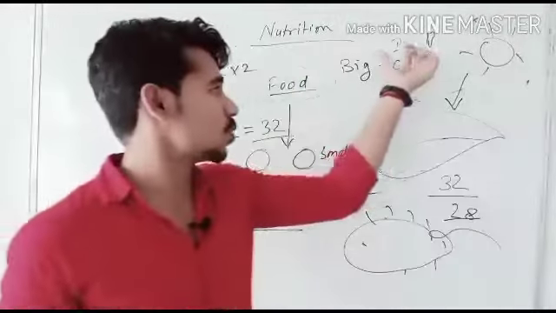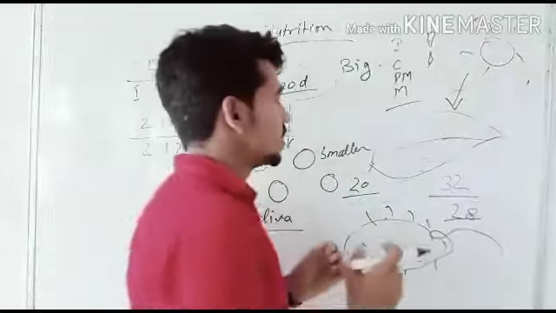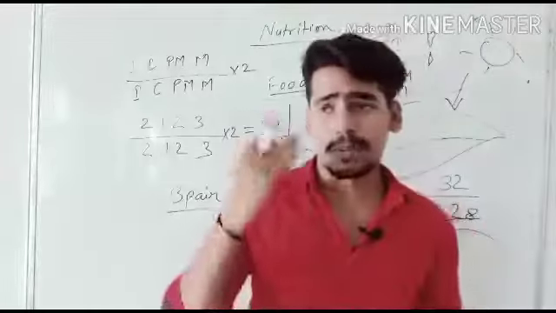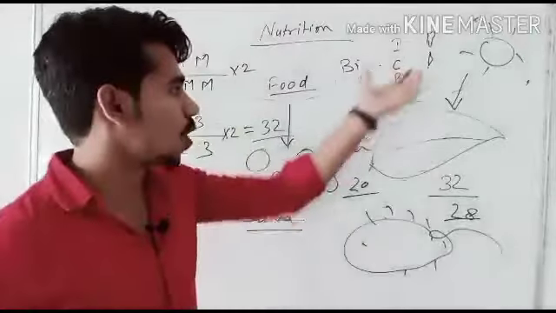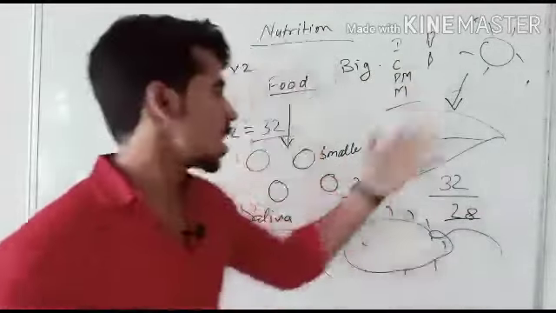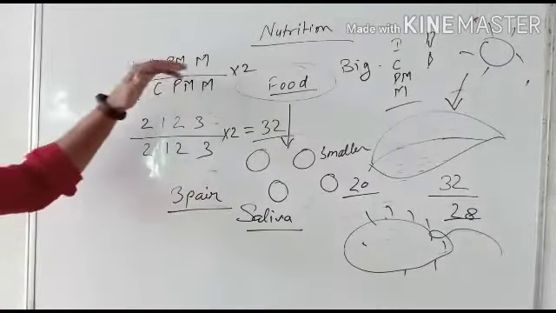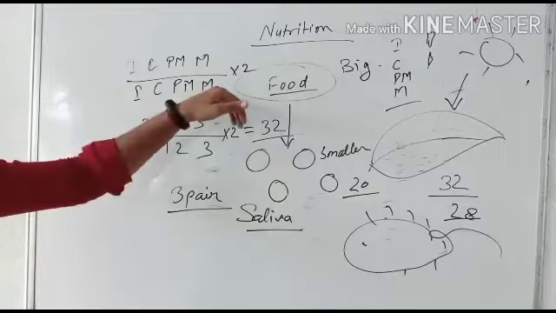What are teeth? Teeth are those parts from which we start digestion. We start breaking down the food particles into smaller ones. Incisor, canine, premolar, and molar are the types of teeth. There are 4 types of teeth.